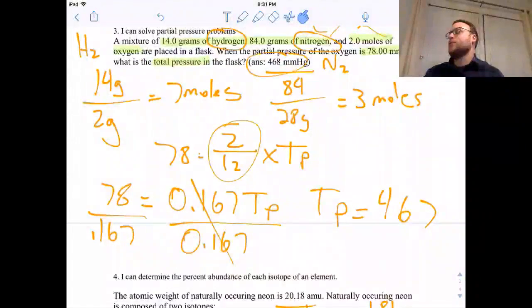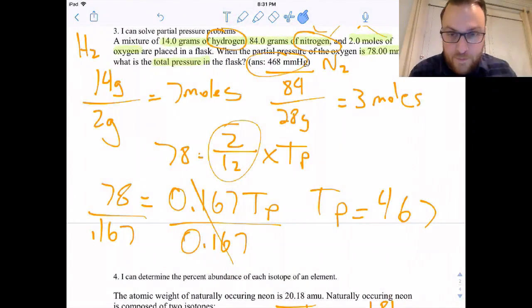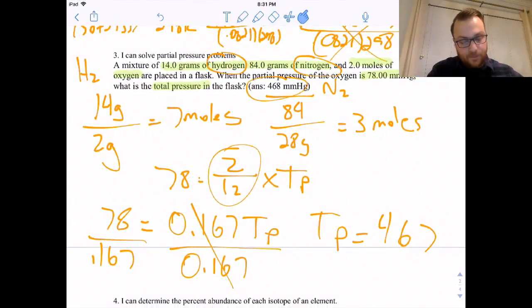I'll just do a recap of number 3. So, yeah, that makes sense. What do we do at number 3? It's a partial pressure question. So partial pressure is moles of our gas divided by total moles of our gas times total pressure, and that gives us our partial pressure of that gas. I know the moles of my oxygen was 2. I calculated the moles of my hydrogen and nitrogen to get 12 when I added it with my oxygen.